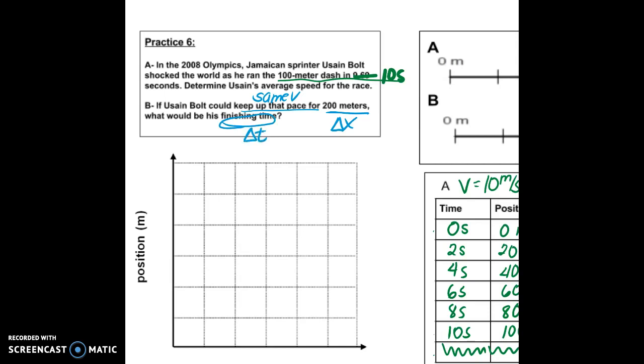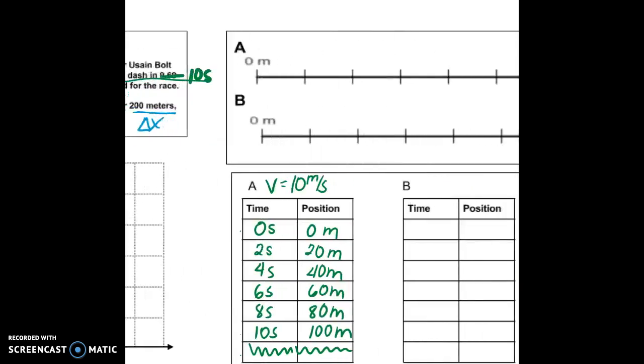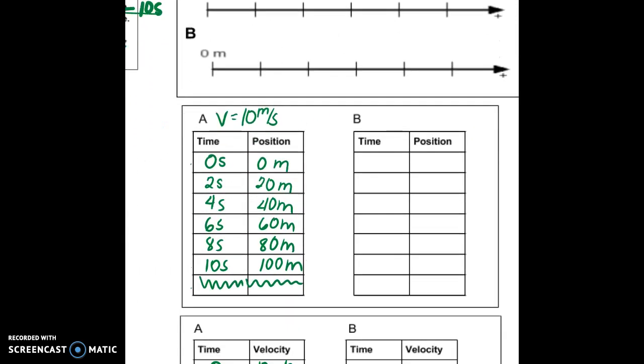So that's our delta T that we're going to be looking for. So that means that he's going to start at the same place, which is the starting point, and he's going to end at 200 meters. And his velocity will be 10 meters per second because it's the same velocity that the problem just told us.